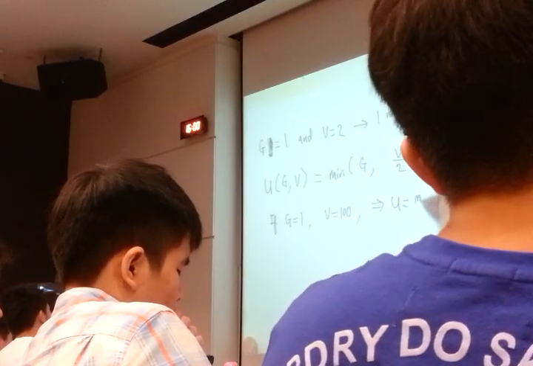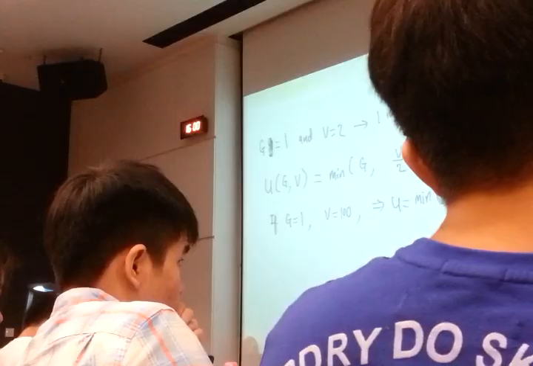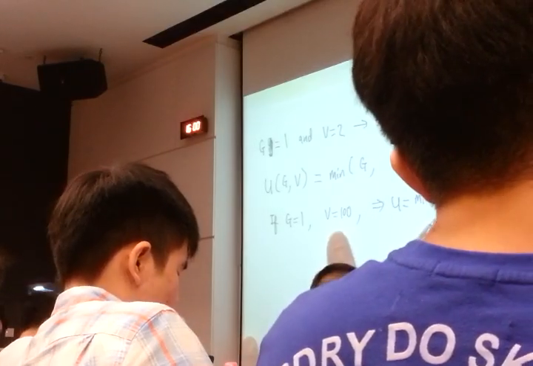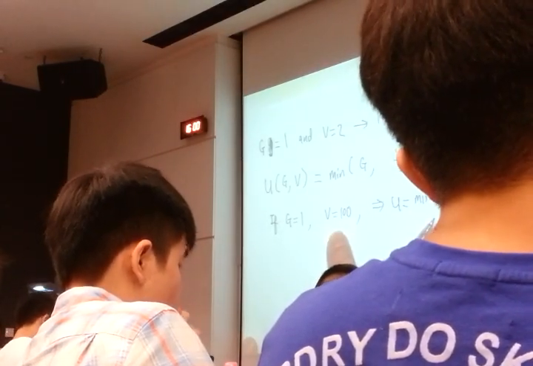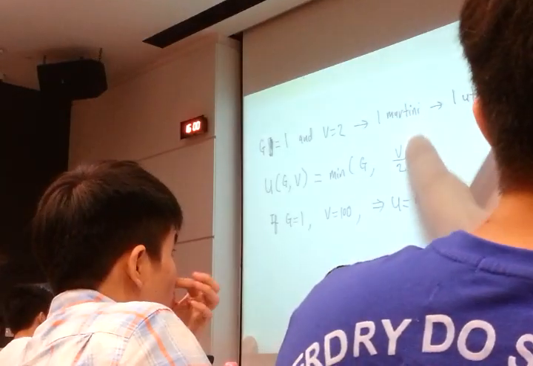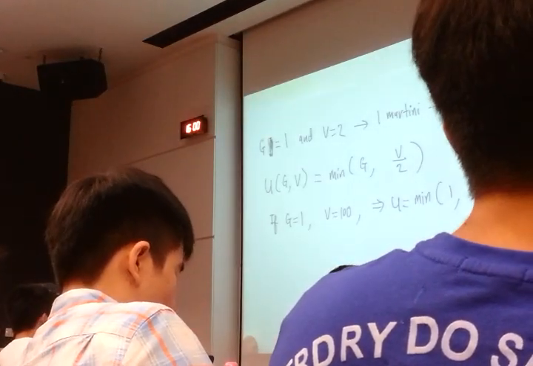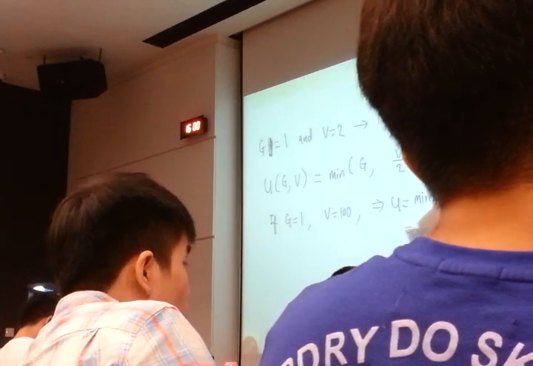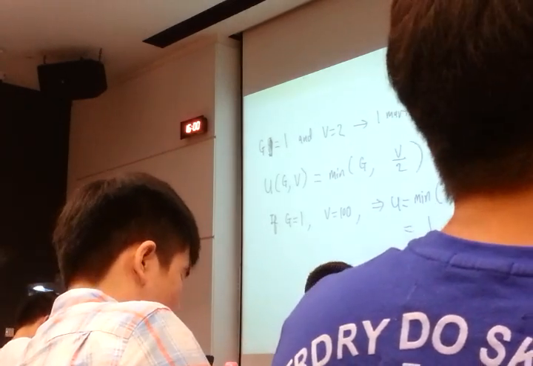Put inside the equation. G equals 1, V equals 100. Therefore, 100 divided by 2 is 50. So the utility is equal to 1. Okay?